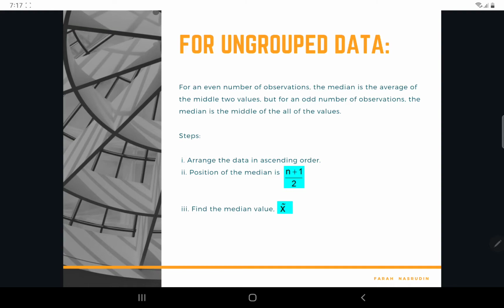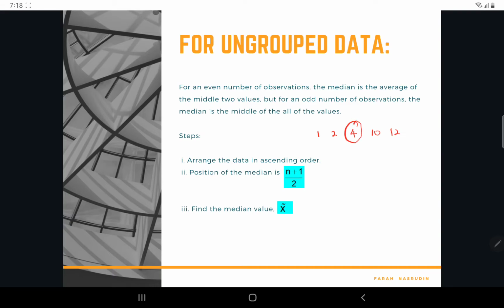Let's say we have 5 data points, 1, 2, and so on, already arranged in order. So our median is the middle one.